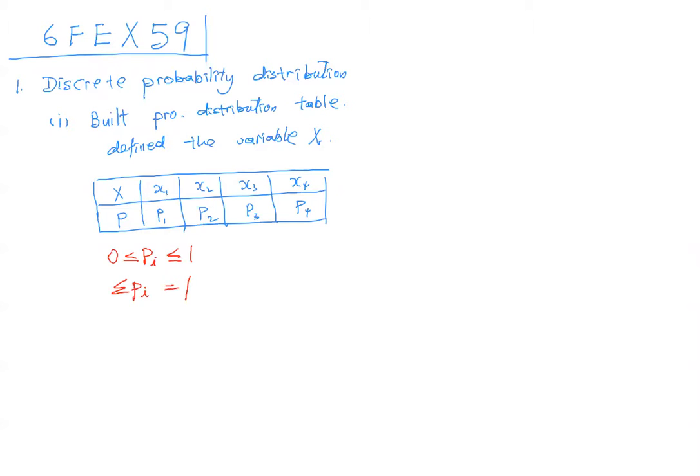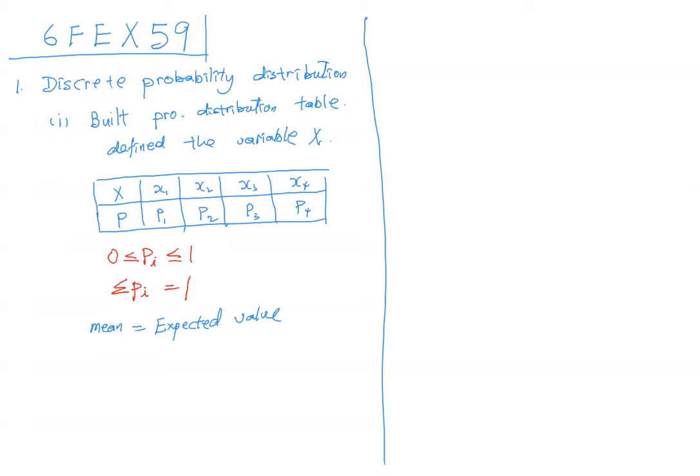Then from this probability distribution table, you have to find the mean. What is the meaning of mean? It is the expected value.